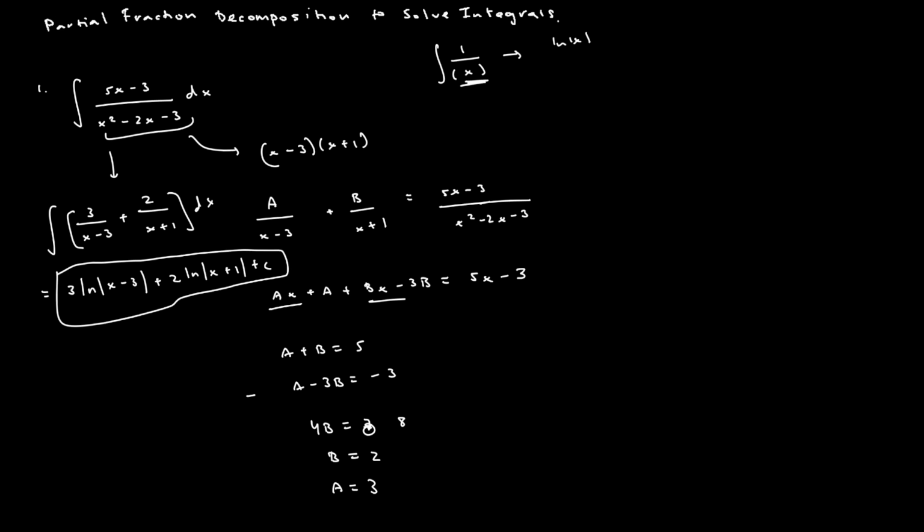Let's look at more examples so we get better at spotting when we can use partial fraction decomposition. The next problem is we want to find the integral of 6x plus 7 divided by x plus 2 whole squared dx.